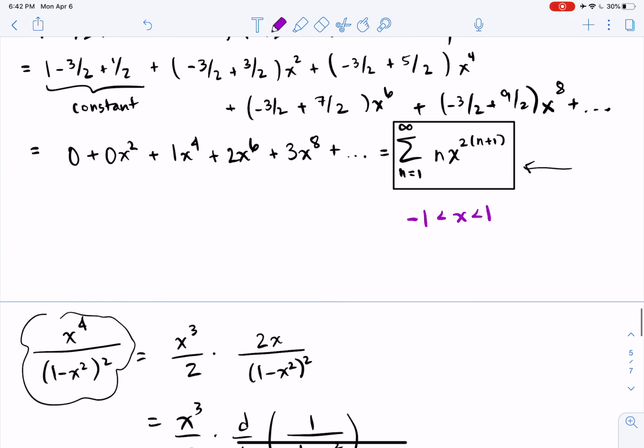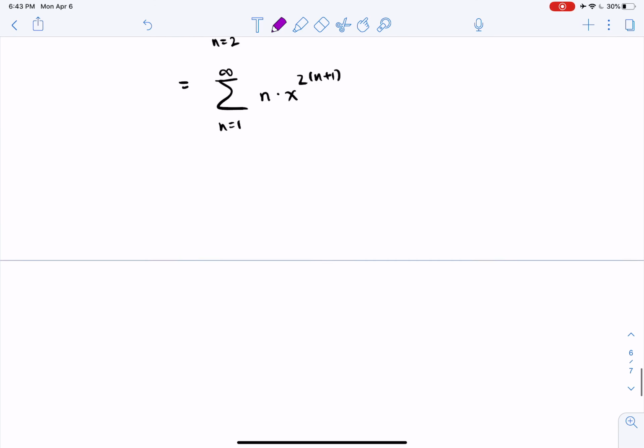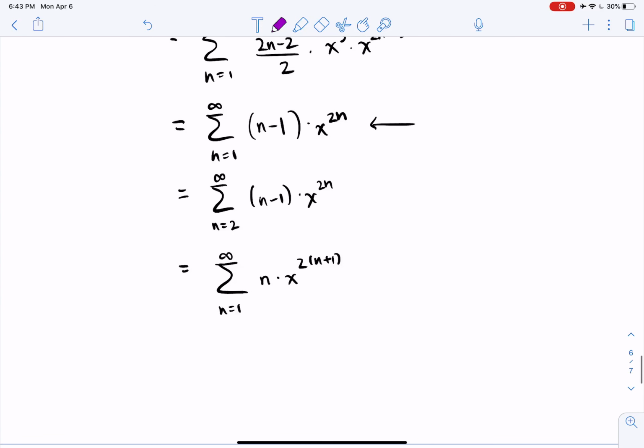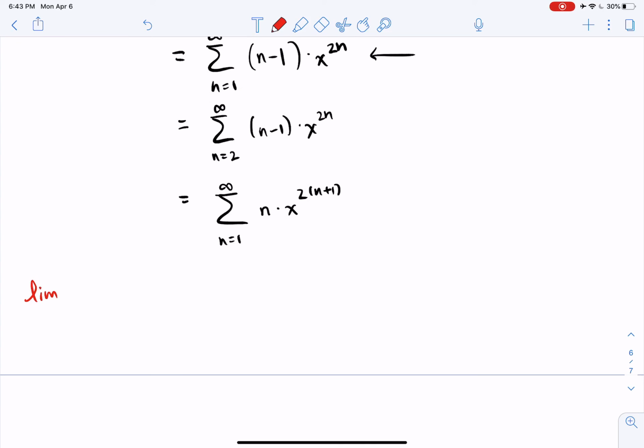So if you want to see that, the ratio test would say, all right, what is the limit as n goes to infinity of our a sub n plus 1 term, which is this guy with n plus 1 plugged into n. So that would be n plus 1 times x to the 2 times n plus 1, all over a sub n. And a sub n is just n times x to the 2n.